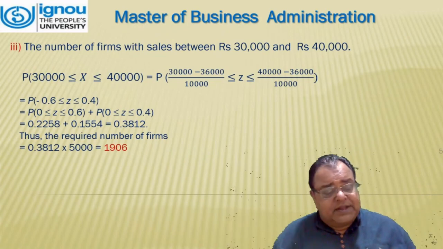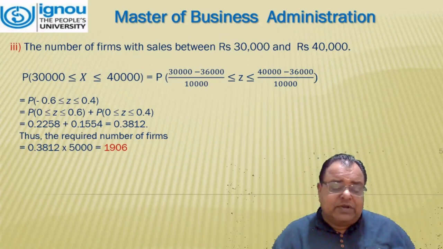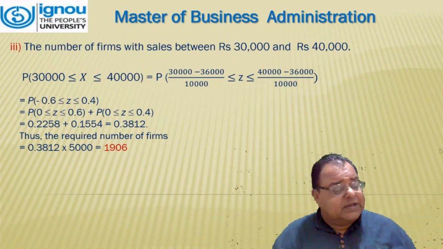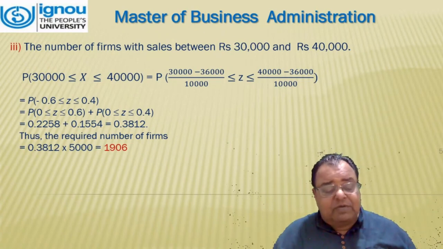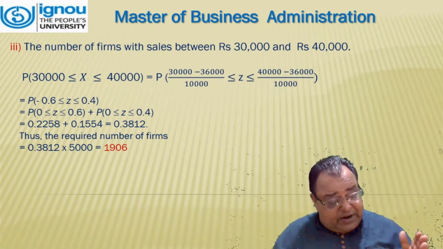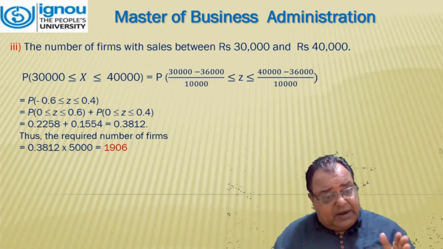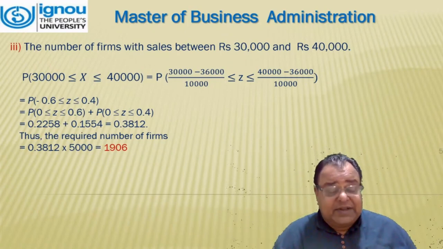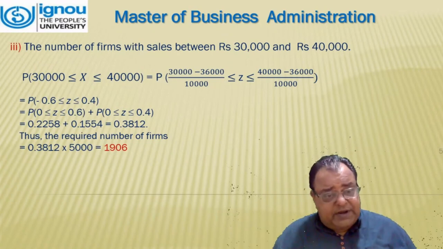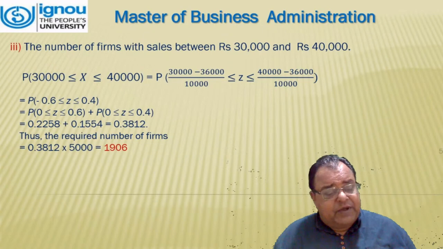Probability 0 ≤ Z ≤ 0.6 plus probability 0 ≤ Z ≤ 0.4, getting the value for the region under this curve. From the table, for the value of 0.6 we get 0.2258, and for 0.4 we get 0.1554.